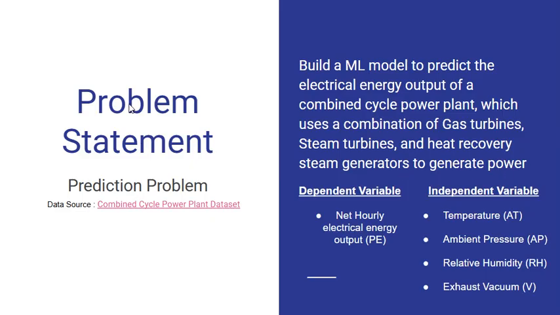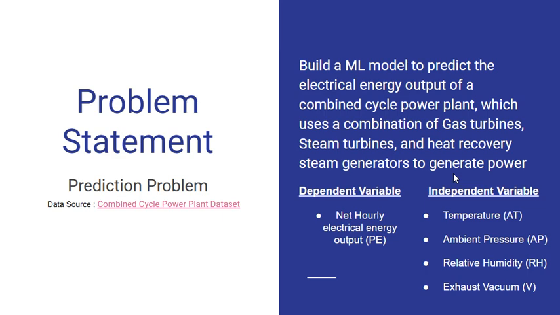So the problem statement that we have here is we have to build a ML model which can predict the electrical energy output of a combined cycle power station which uses a combination of gas turbine, steam turbine and heat recovery steam generator to generate power.